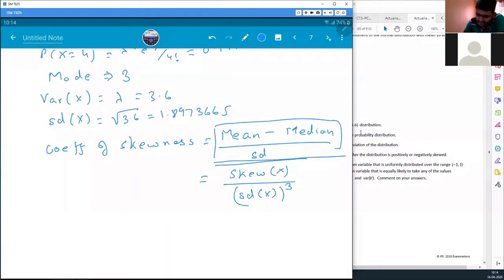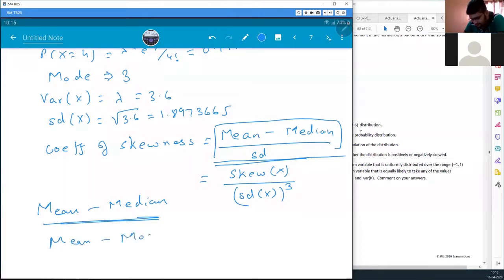So the sign of the coefficient of skewness, whether it will be positive or negative, depends on mean minus median. So mean minus median is going to show us what the sign would be, and that sign is the same for mean minus mode.